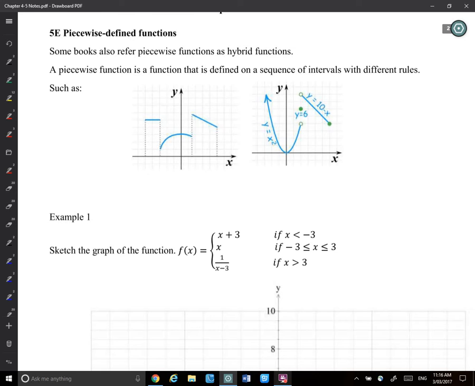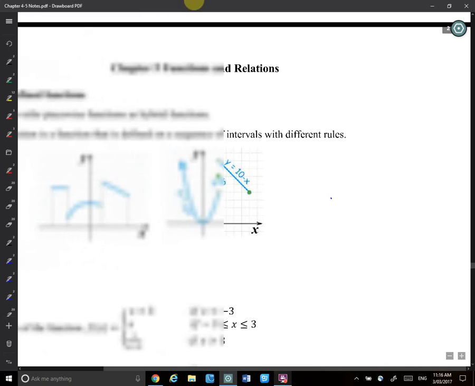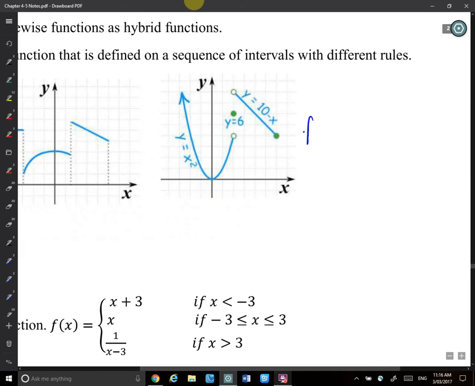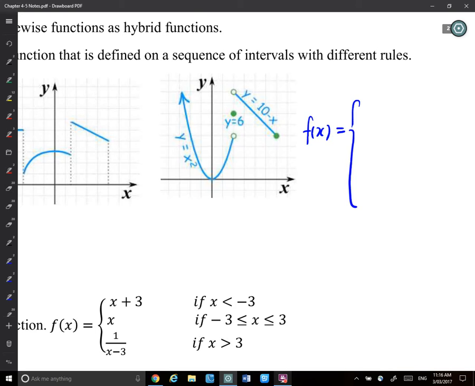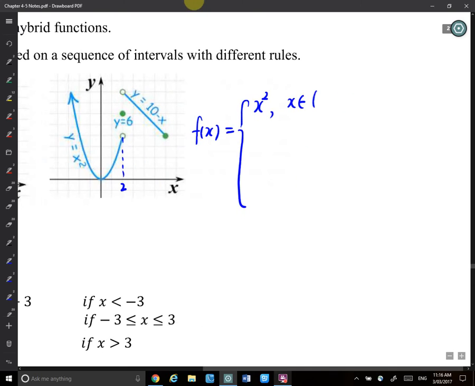So if I write that in hybrid function format, f(x) equals x squared, let's say that part is 2, when x belongs to negative infinity to 2 exclusive. You cannot include the 2.